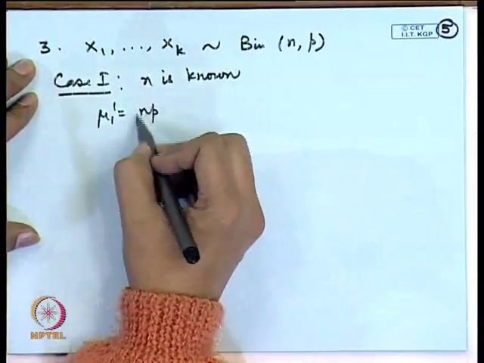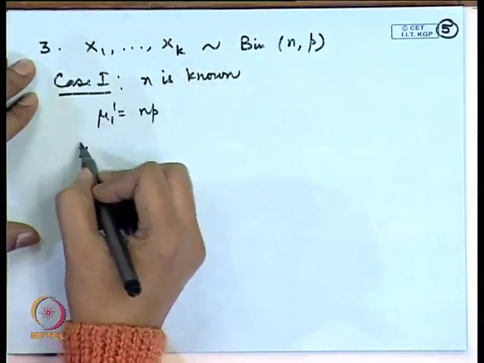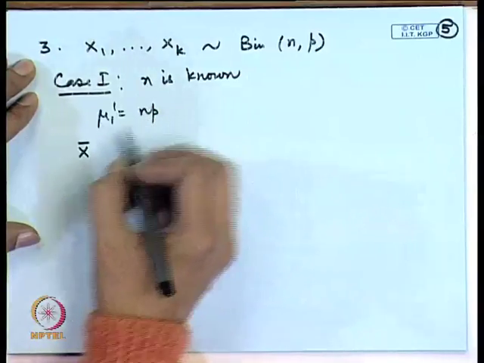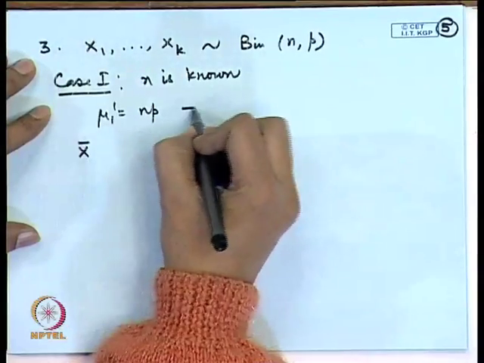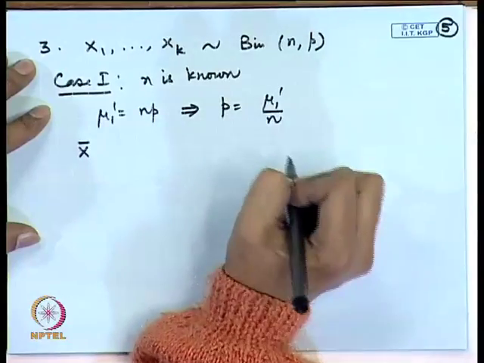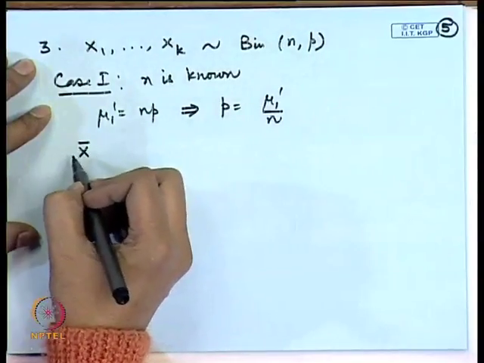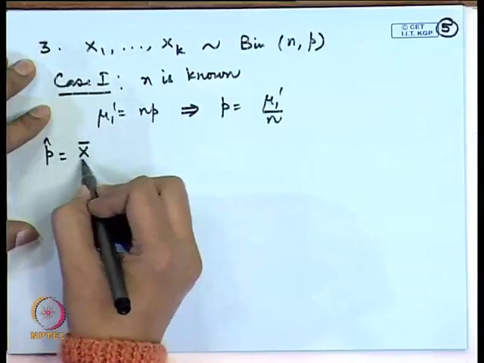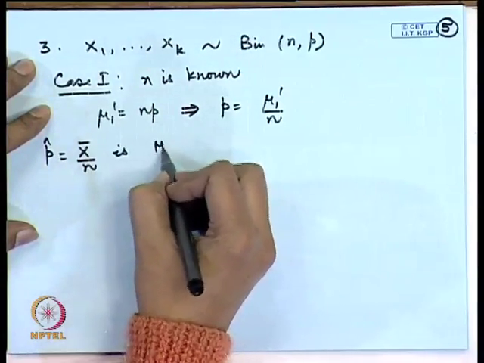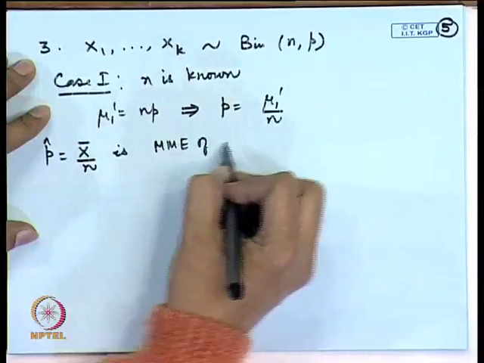So, this is to be estimated by alpha 1, that means X bar is an estimate of np. So, if we want to write down the solution, p is equal to mu 1 prime by n. So, we get here p hat is equal to X bar by n. So, this is the method of moments estimator of p.